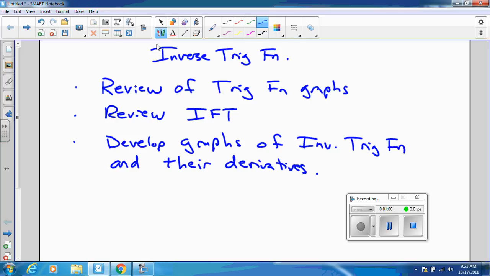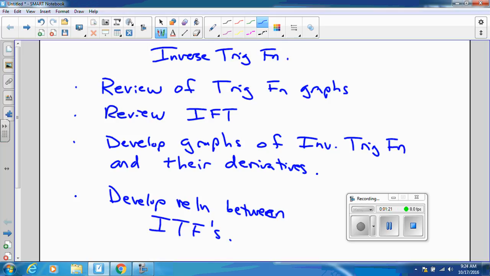And if we have time, we're going to develop some other relations between them, but probably tomorrow we're going to develop relations between the various inverse trig functions, ITFs, inverse trig functions. So that's our plan for the next 2 days.